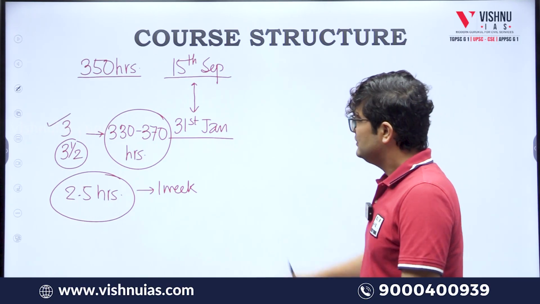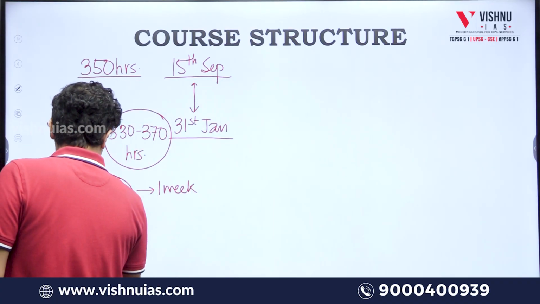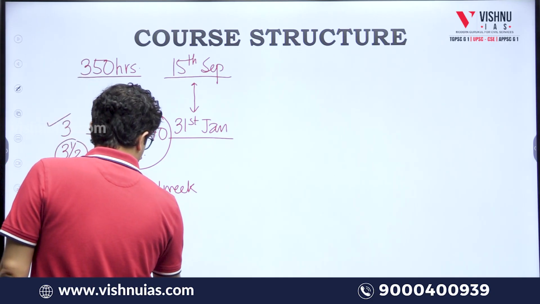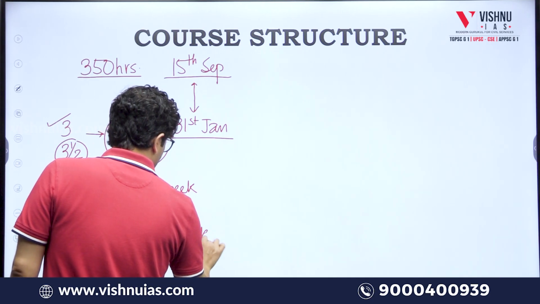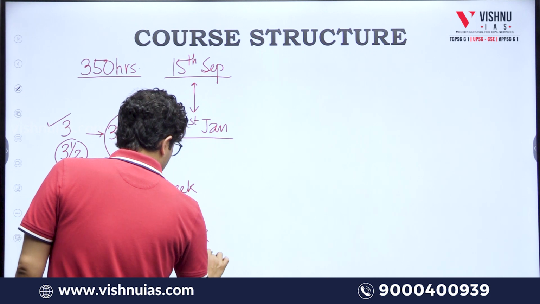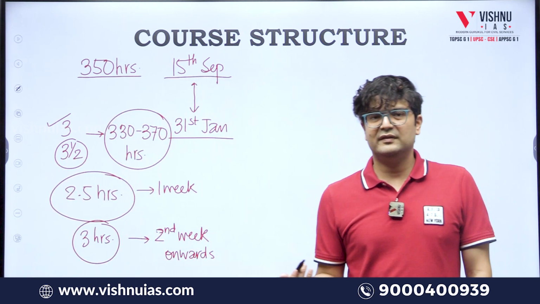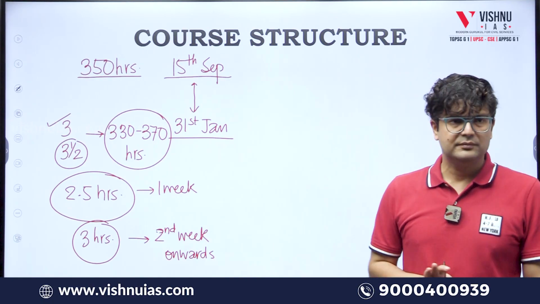So as I said, first week, and then we'll move on to 3 hours of classes. From the second week onwards, we will have 3 hours of classes, and on and off we might have 3.5 hours of classes depending on how the topics are. That would be it.